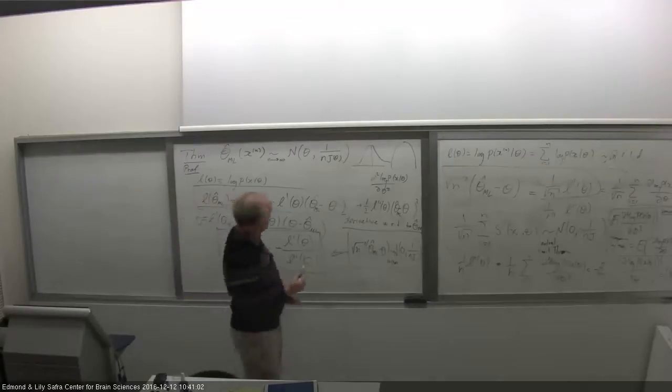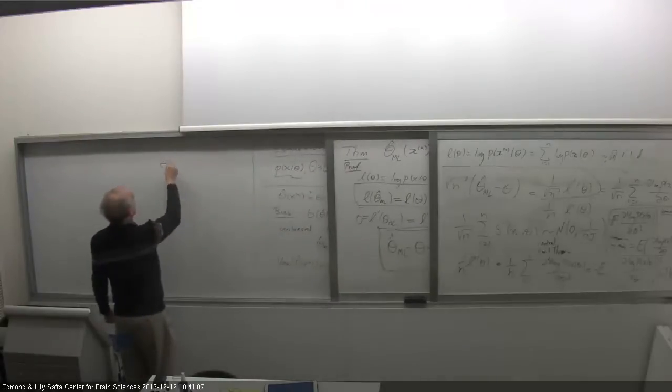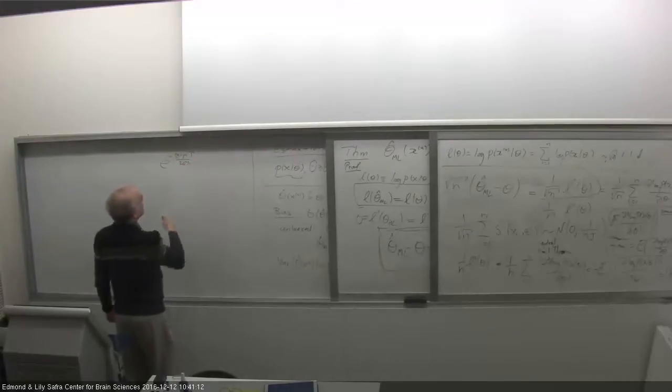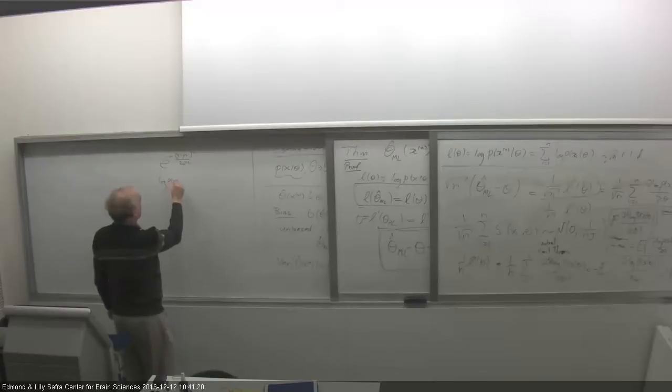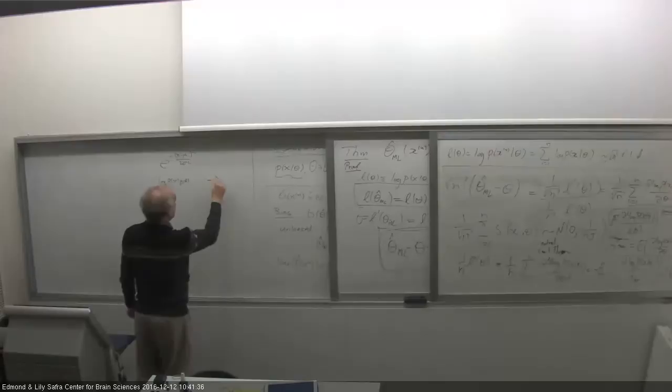If you look at the Gaussian, it has e to the minus (x minus mu) squared over 2 sigma squared. The log of the Gaussian, ignoring the normalization now, with mu equal to 0, is a parabola: minus (x minus mu) squared over 2 sigma squared.